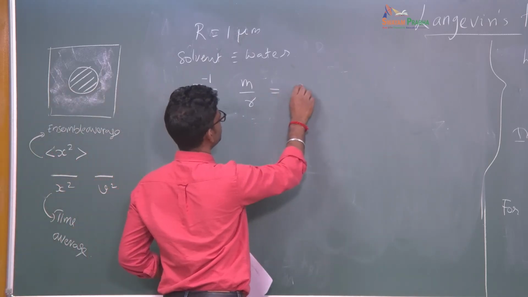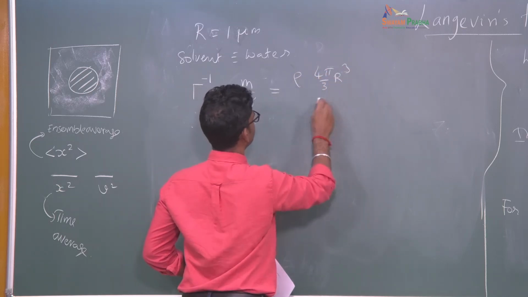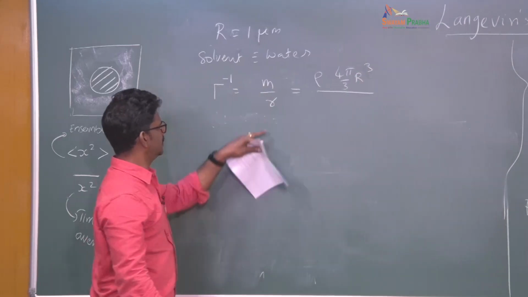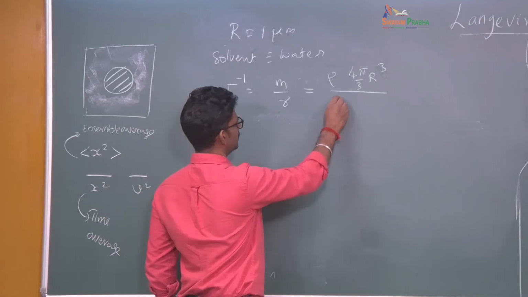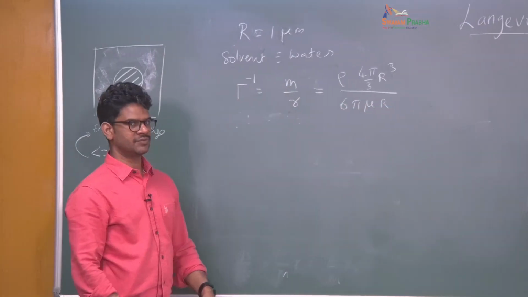This mass is nothing but rho times the volume of the particle, divided by the drag coefficient, which is 6 pi mu r. This comes from Stokes relation.